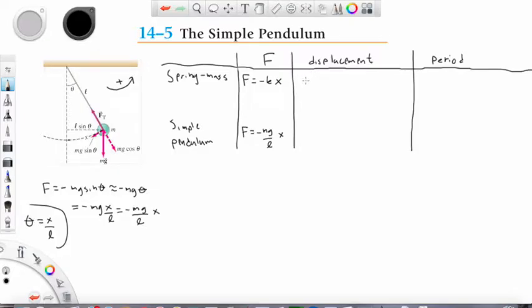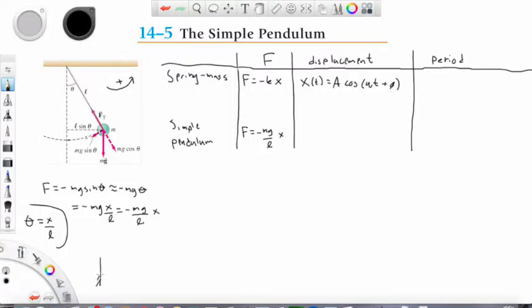What about the displacement? For the spring mass system, we know that x as a function of time is amplitude times cosine omega t plus phi, the phase angle.